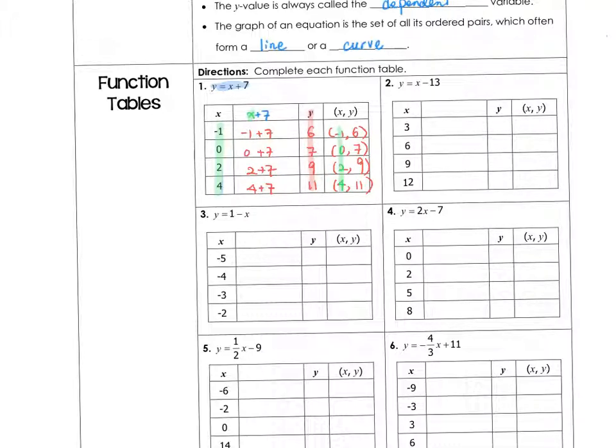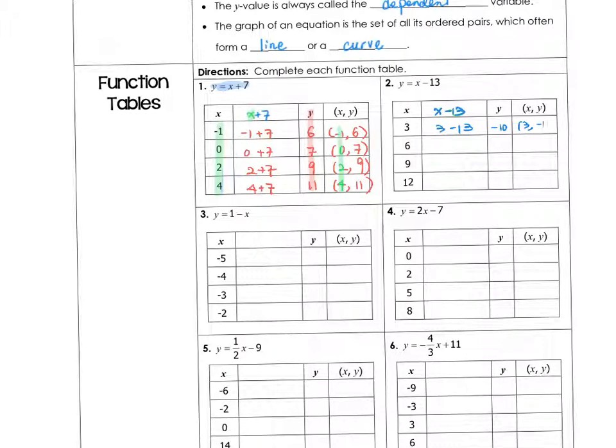If I want to be color matching, the green should match up and the red should match up. Okay? Same thing with y equals x minus 13. Whoops, let me change the color to blue. x minus 13. So 3 minus 13, your calculator should give you -10.